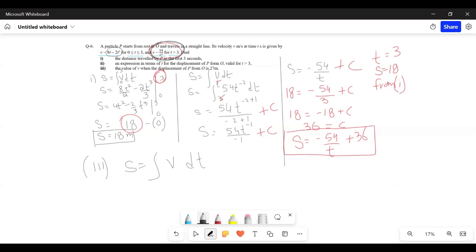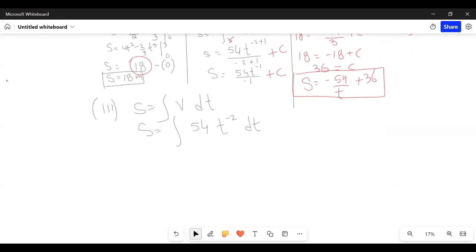So फिर now we have to integrate the other equation, which is 54 t power minus 2. And see के कौन सी value of t पे displacement 27 है. Okay, let's do that.